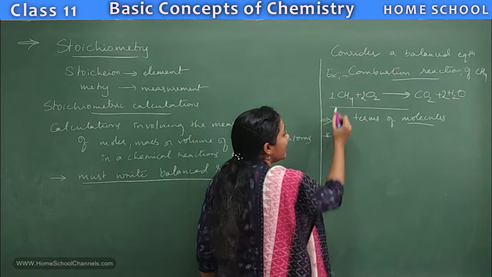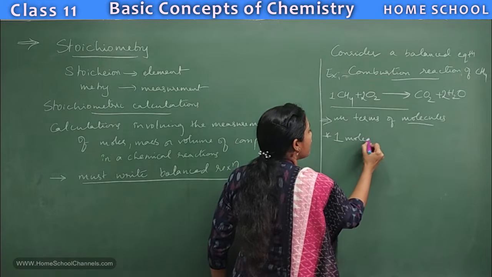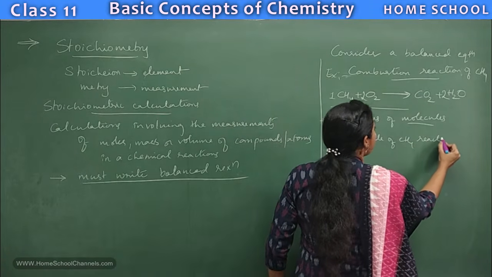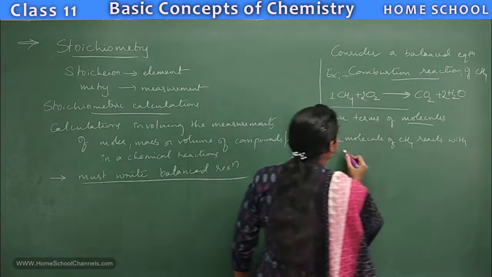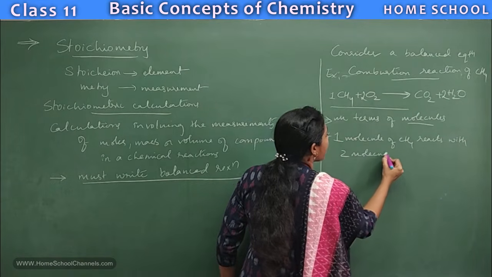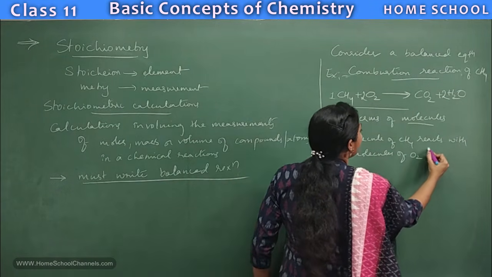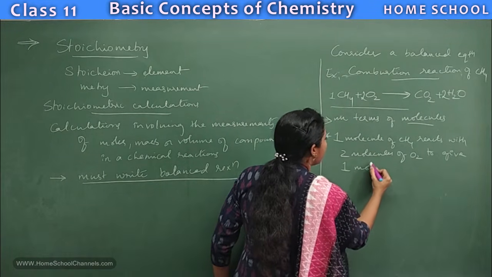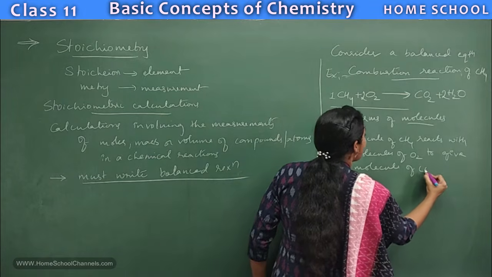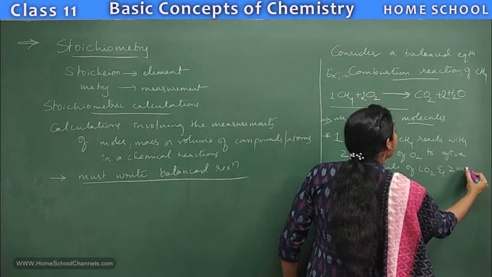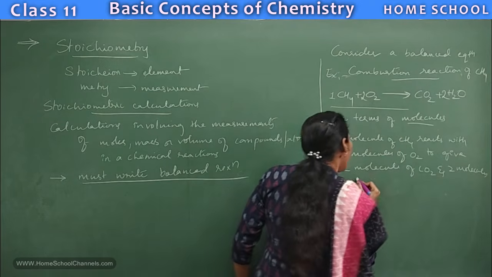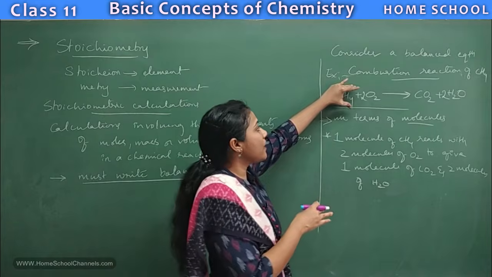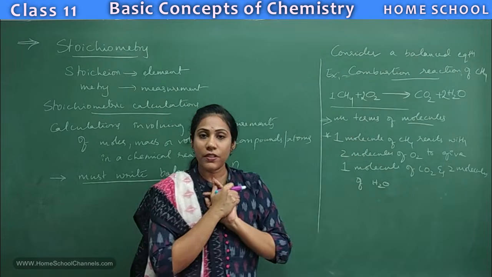I can always say one molecule of methane reacts with two molecules of oxygen to give one molecule of carbon dioxide and two molecules of water, right? So this is the way of explaining this chemical reaction in terms of molecules.